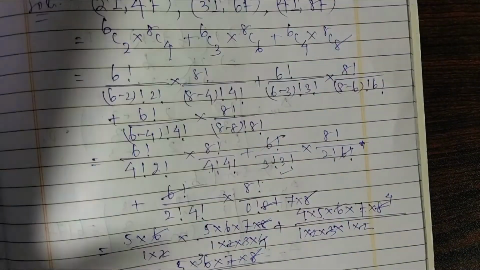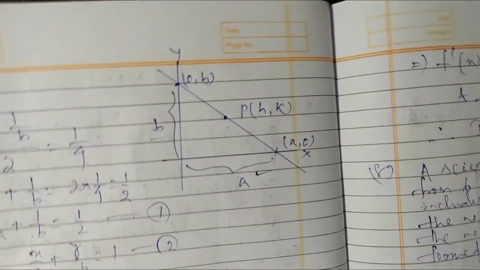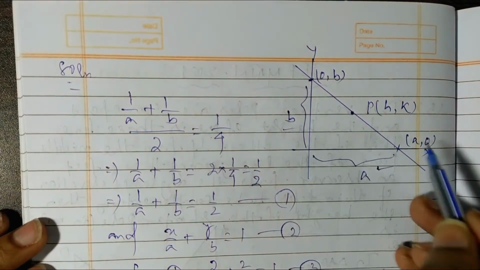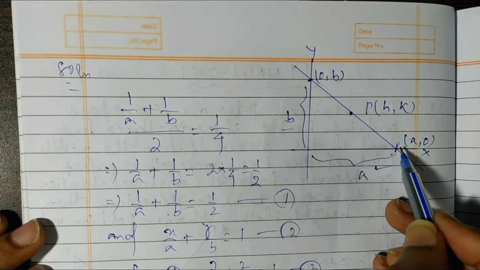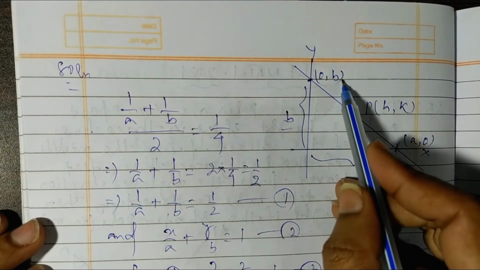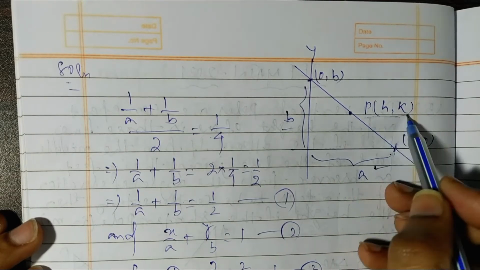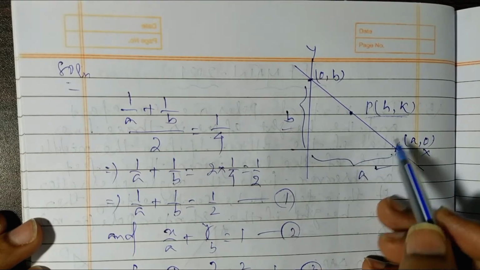Suppose the man is walking on this straight line, and here the x intercept is A and the y intercept is B. That means these points are (A, 0) and (0, B). Suppose this point P(h, k) lies on this straight line.